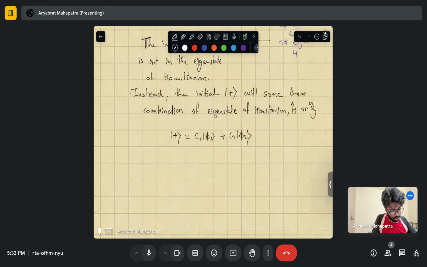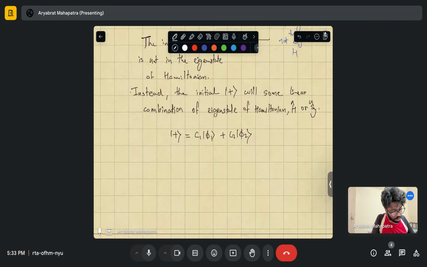So this is the initial step, in terms of the eigenstates of the Sy operator. Now we have to calculate what the C1 and C2 values are.